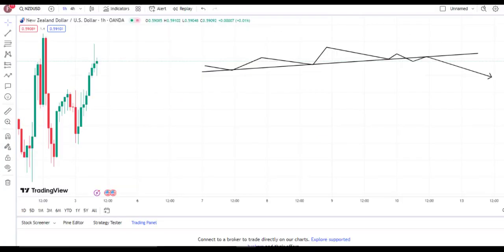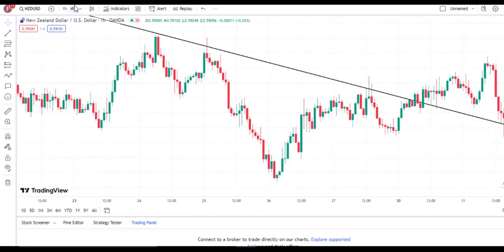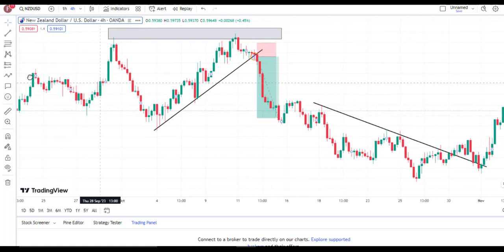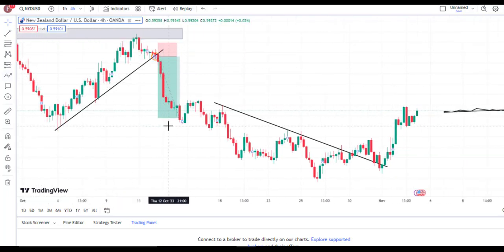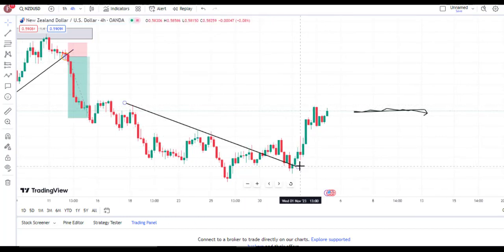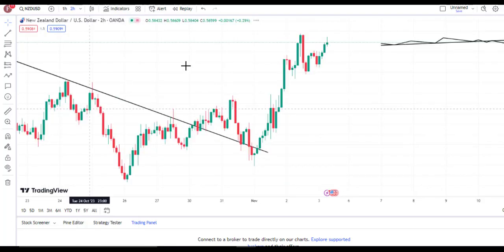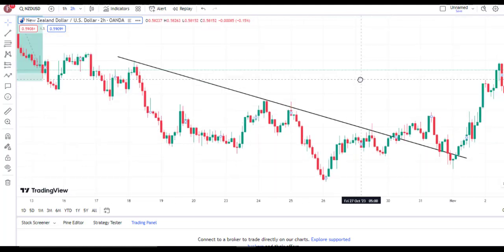This one I'll consider a breakout down, because it's a little bit steep. But a trend line like this, even though it held, is not the kind I'll trade, because gentle trend lines are usually very difficult to break through.